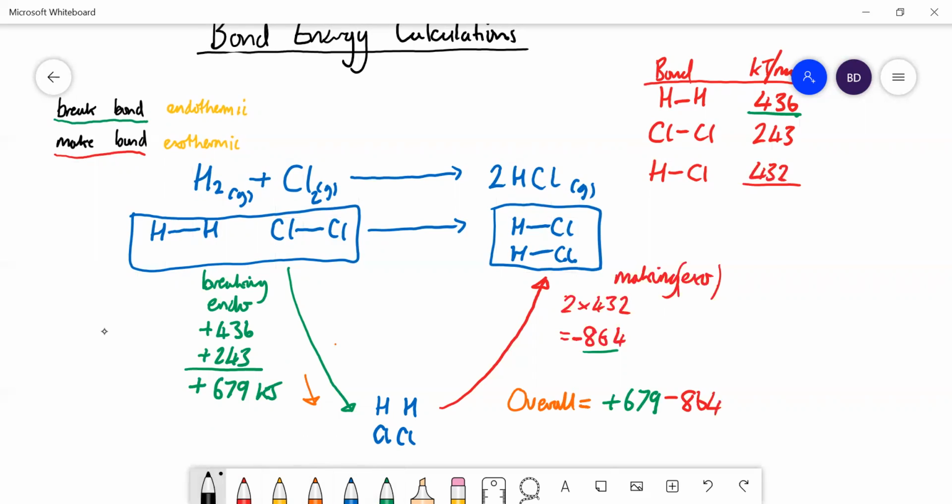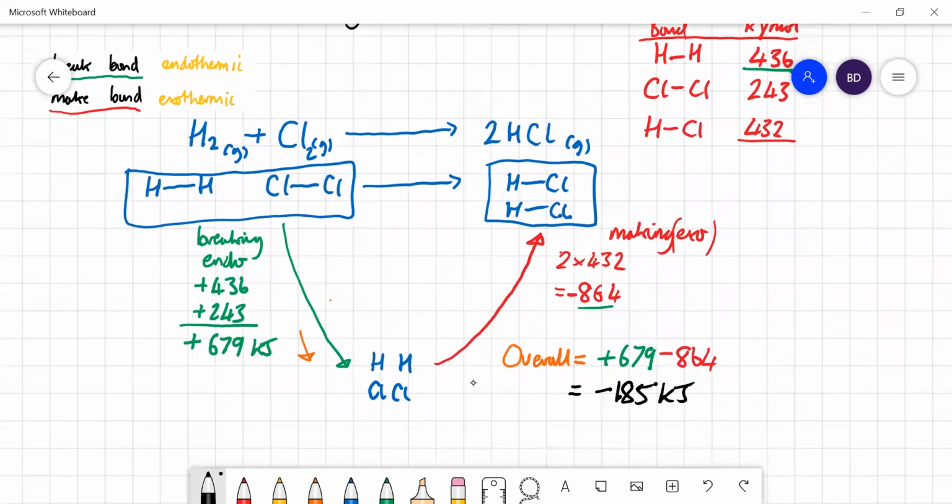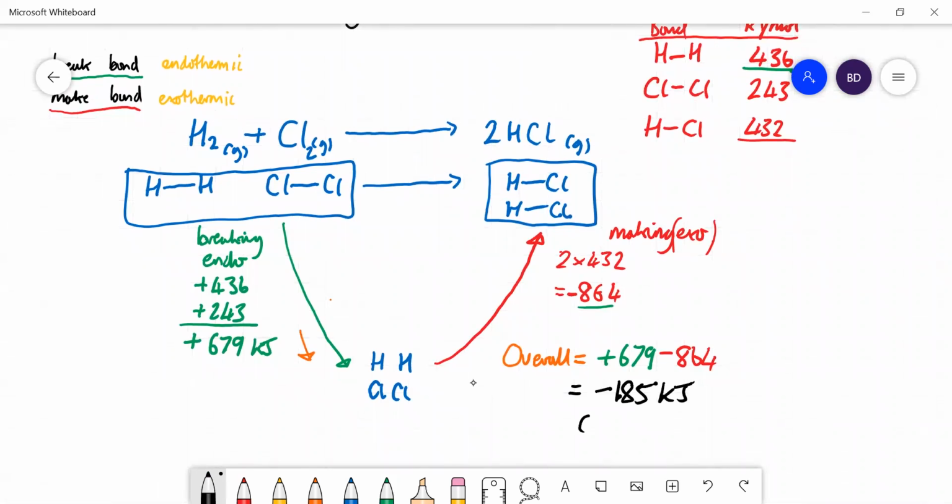You do that on a calculator, you get a value of minus 185 kilojoules. That minus sign tells us that this reaction is exothermic. You get more energy out, 185 kilojoules, than you had to put in. So minus 185 is the answer there.